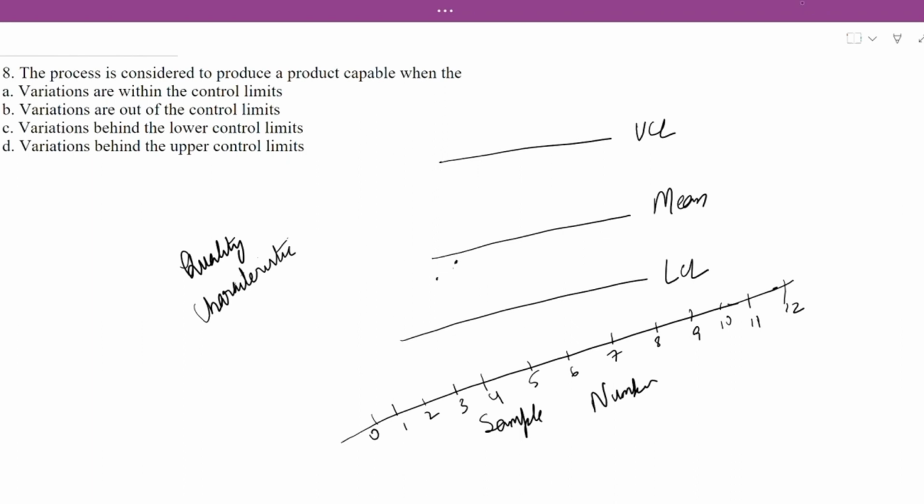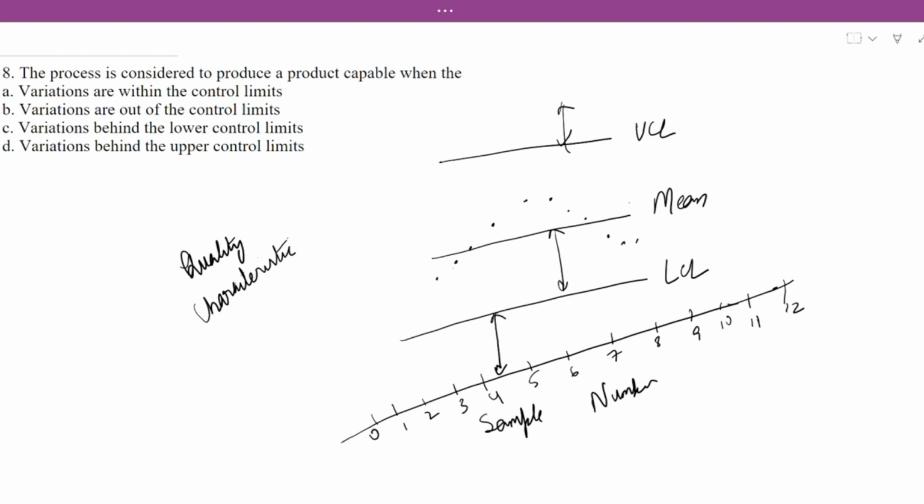Suppose let's assume these are the variations. Now when we have the variations beyond the upper control limit, here we have abnormal variation due to assignable sources. When we have the variations within the limits, we have normal variation due to chance. When we have the variations below the lower control limit, this is abnormal variation due to assignable sources again.